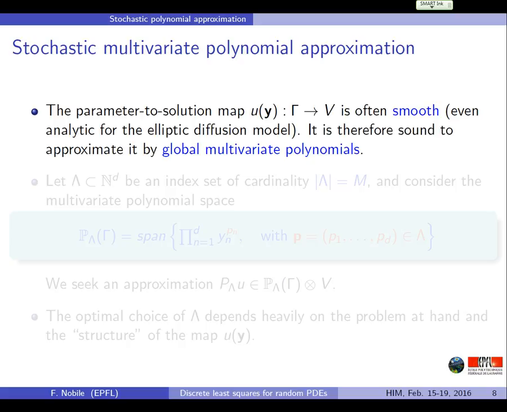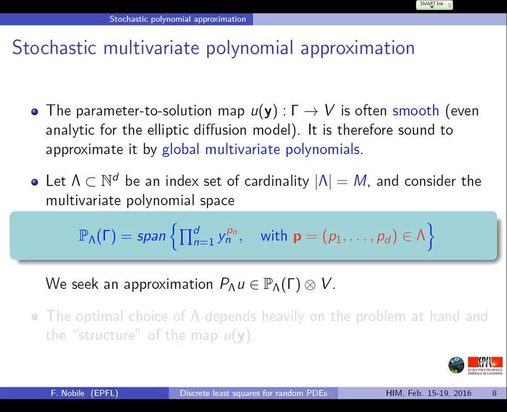But we can try to exploit this smoothness of the map to do effective approximation. Now, since we are in very high dimension, we possibly cannot work on just tensorized polynomials, because we will face the curse of dimensionality, so one has to be careful in selecting the proper polynomial subspaces.